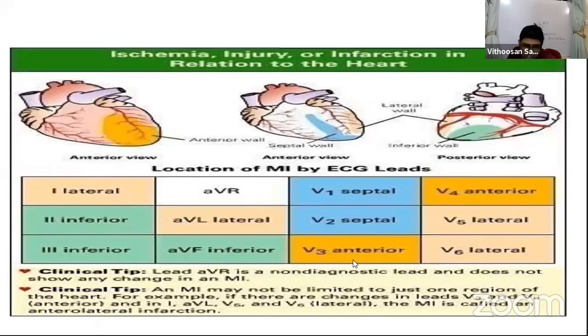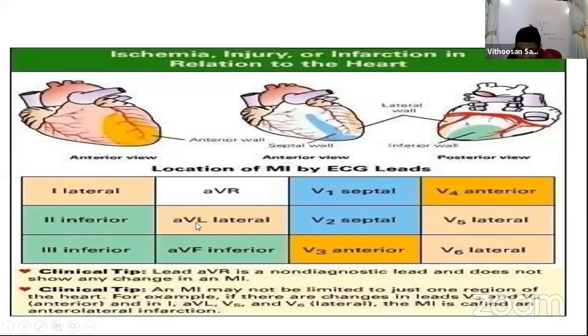Leads 2, 3 and AVF are looking at the inferior surface of the heart. Nice to see some names here in the list. Good.